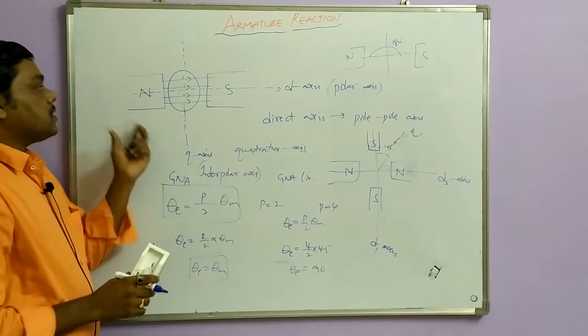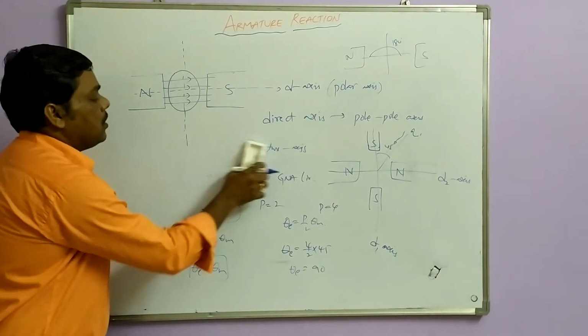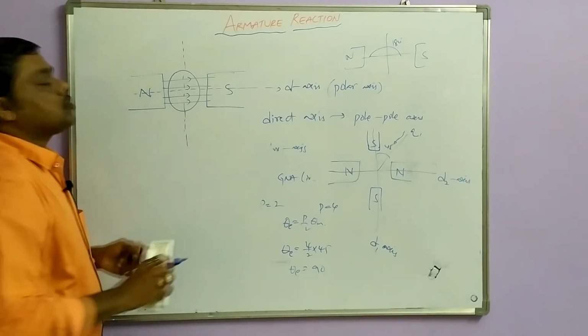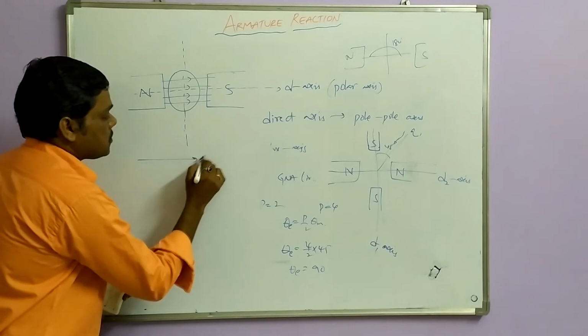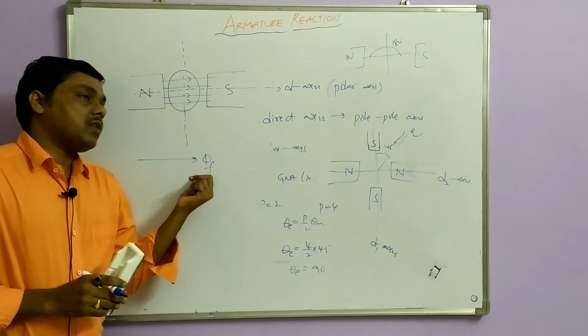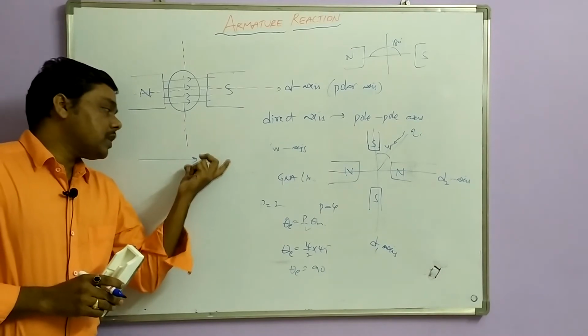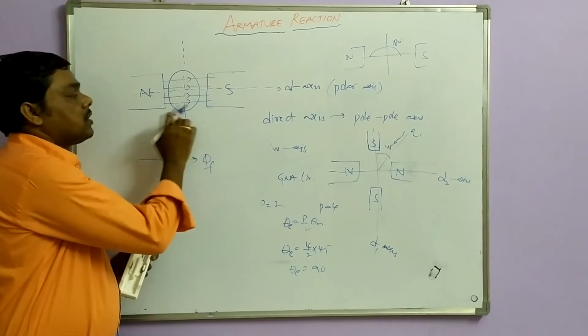Now for this case, the main flux is going from the north pole to the south pole, so we can say that this is the direction of the field flux, the main field flux. I am indicating it with phi f. Now what about the armature conductors?